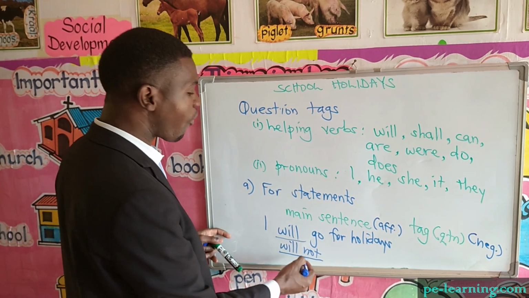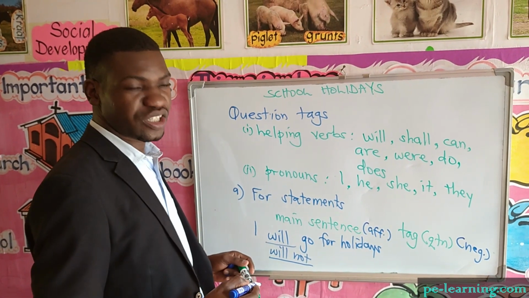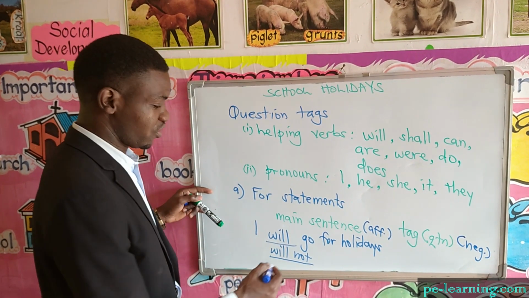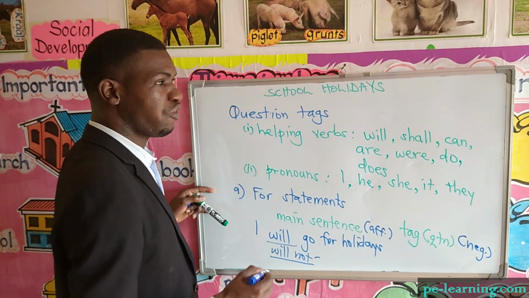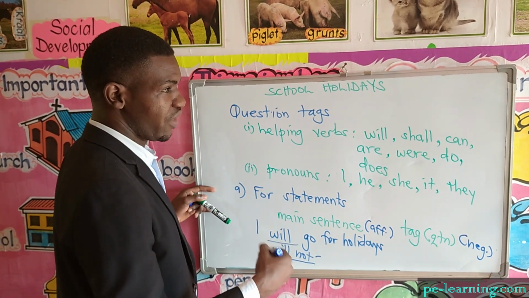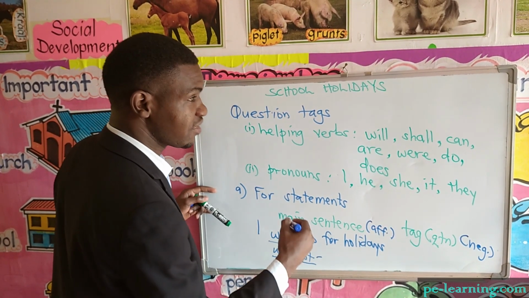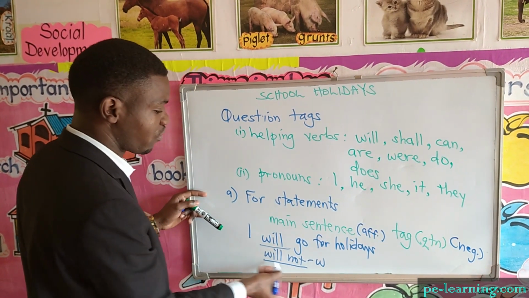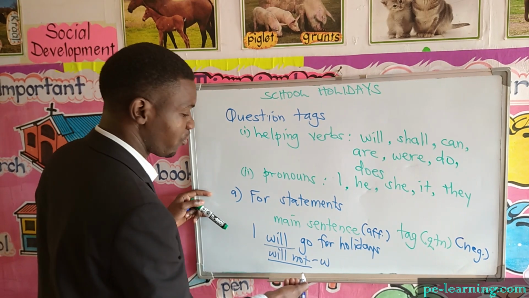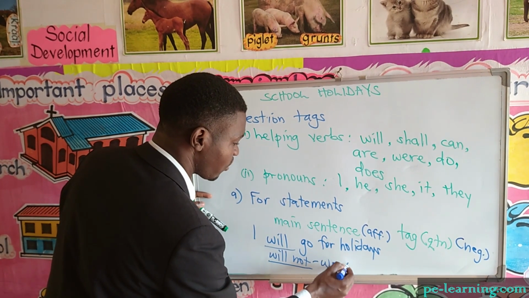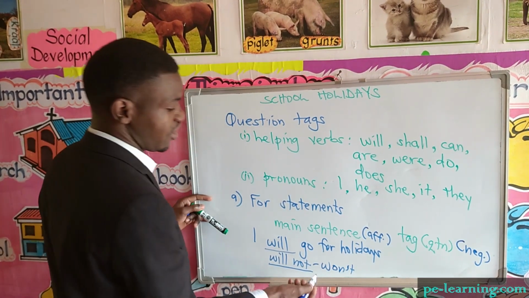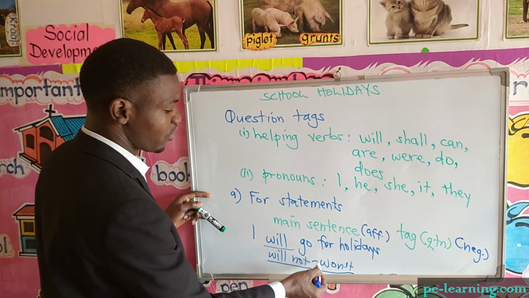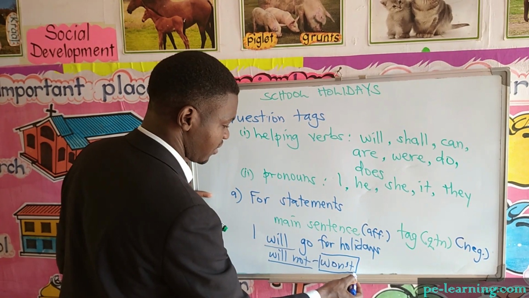Instead, we shall form what we call a contraction. And in English, when we talk about a contraction, it's basically a short form of a word that is written using an apostrophe. And for this case, to write the short form of will not using an apostrophe, it will turn to the word won't. So this word won't is a short form of will not, and we call this a contraction.